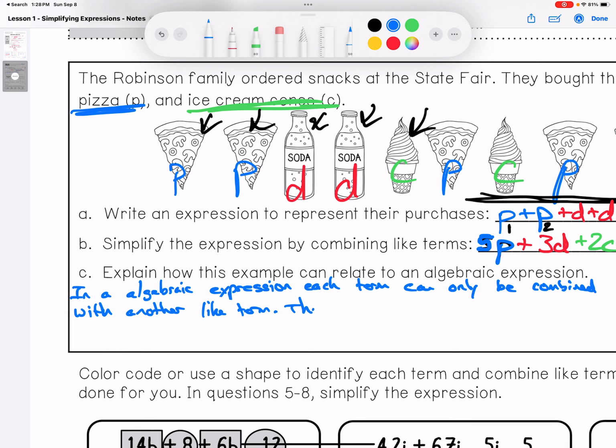This is like the example in which pizza can only be combined with pizza.